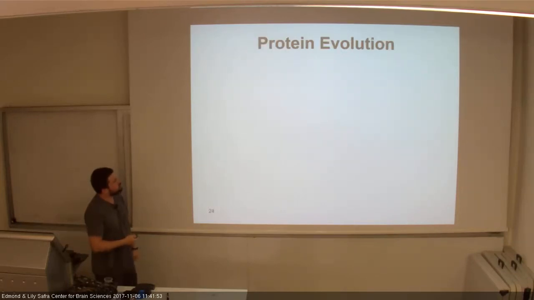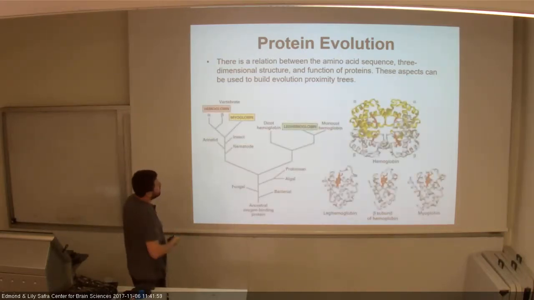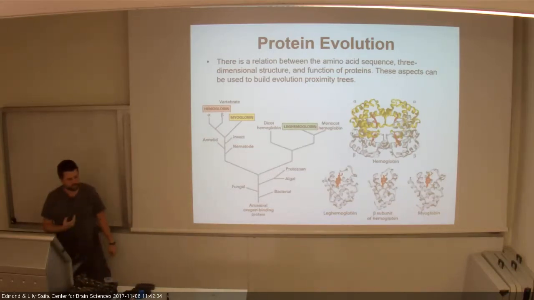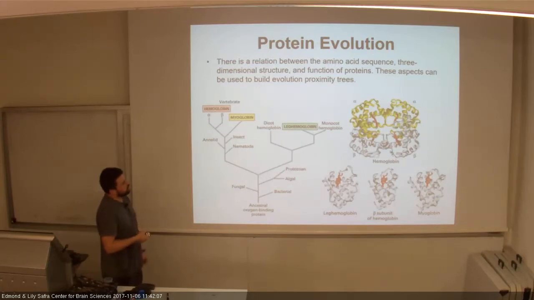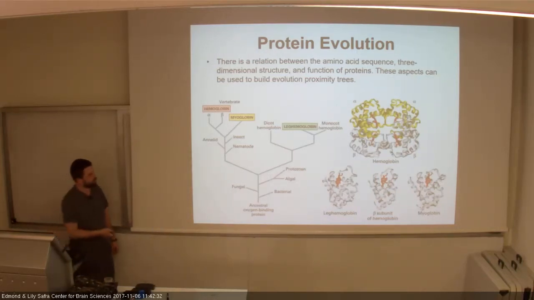Okay, so this is a good place to talk a little bit about protein evolution and define the term homology. The most classic example is the hemoglobin protein. If we look back in the evolutionary tree, we know that there was an ancestral oxygen binding protein that probably looked pretty similar to the beta subunit of hemoglobin.